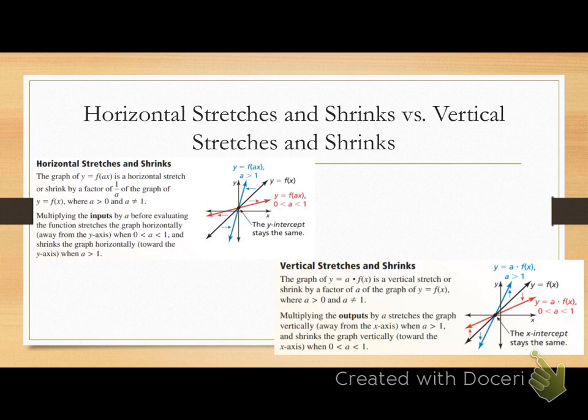Okay, horizontal stretches and shrinks versus vertical stretches and shrinks. This is where it gets fun. Okay? So write horizontal stretches and shrinks on your paper. And then write down this formula.